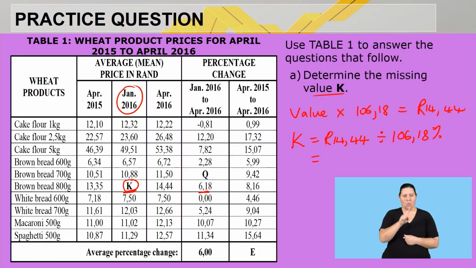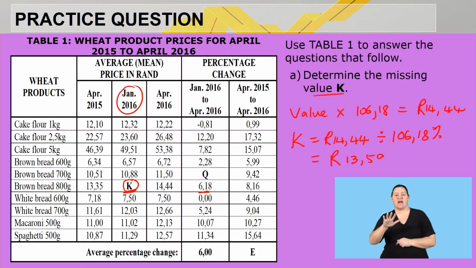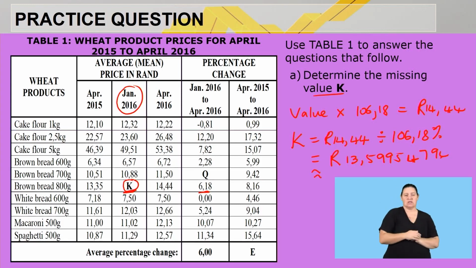So 14 rand 44 cents divided by 106.18% gives an answer of 13.5954794. We are working with money, therefore I'm going to round it off to 2 decimal places. So the value of K will be 13 rand 60 cents.